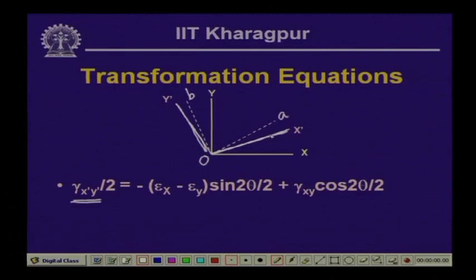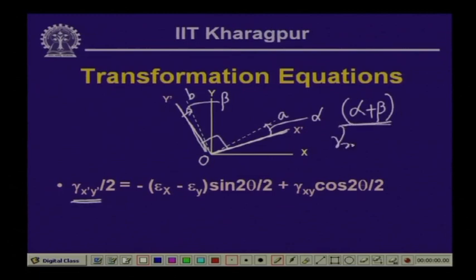Now, because of the shearing strain, they have undergone a change, and let us call this changed angle as alpha and this changed angle as beta. Thereby, the total change, which is alpha plus beta, from the original 90 degree of O x dash to O y dash is the shearing strain gamma x dash y dash. So, gamma x dash y dash is equal to alpha plus beta.